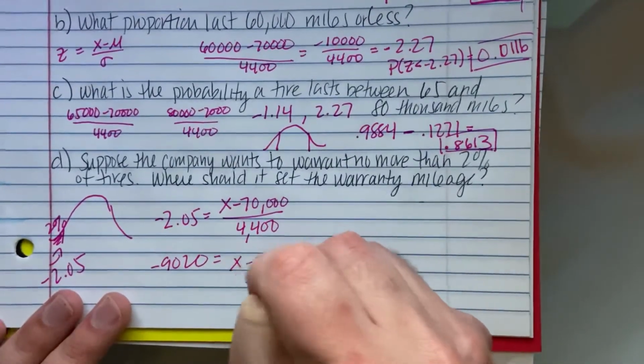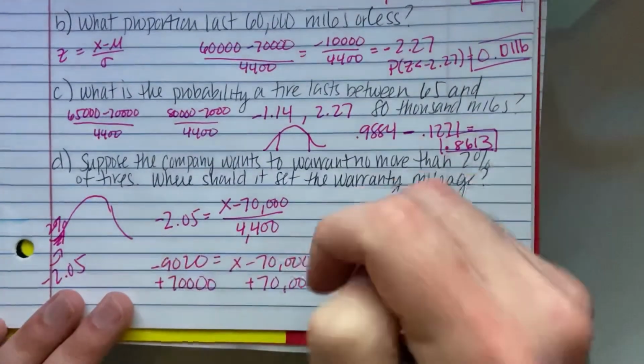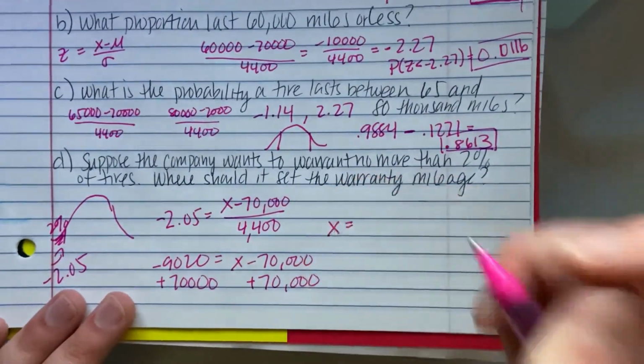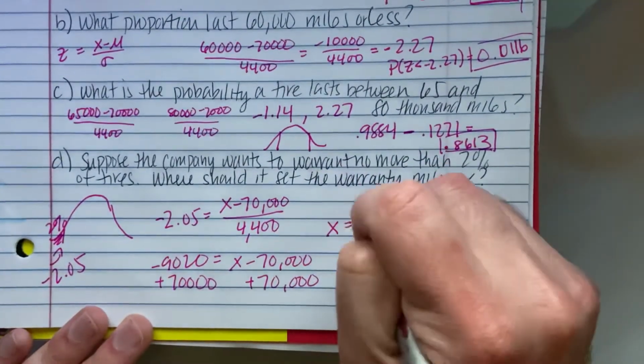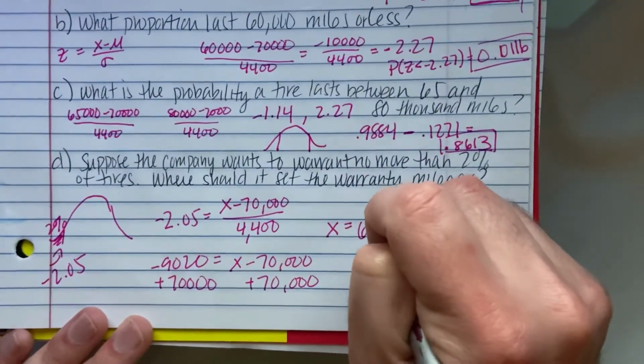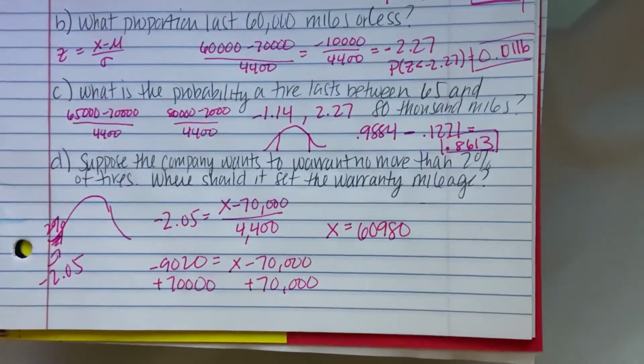Then I add 70,000. So we get that x is equal to 60,980.